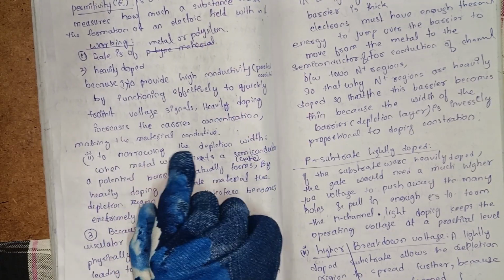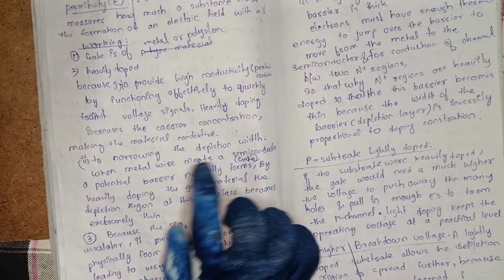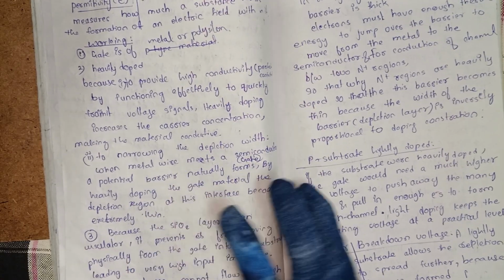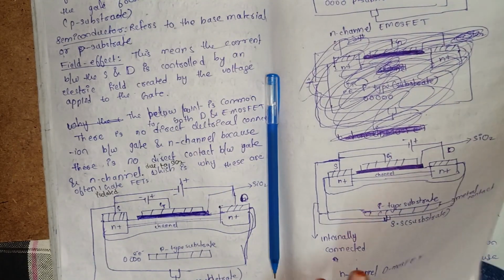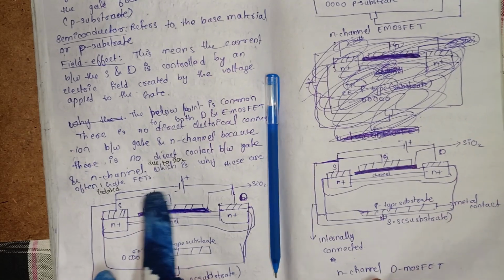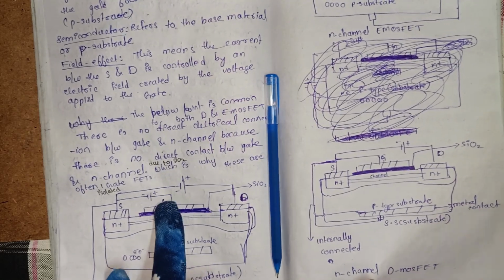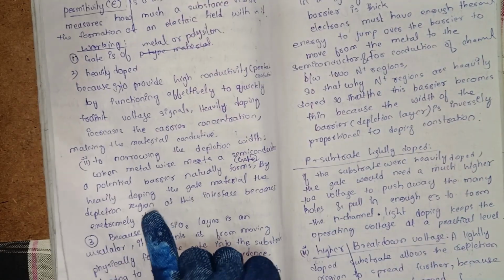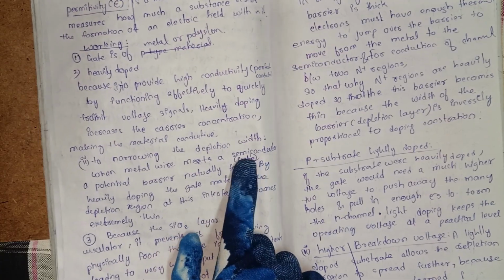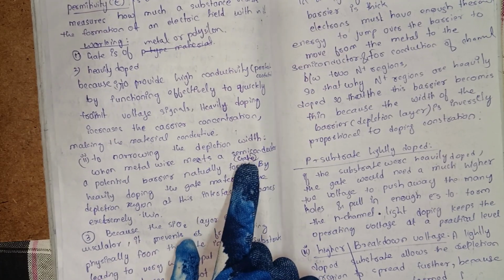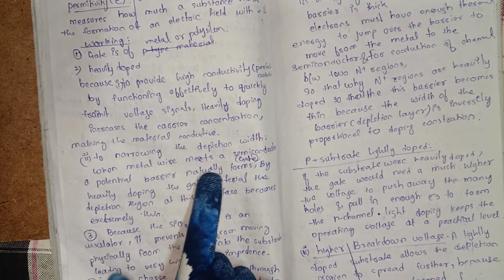The second reason why the gate is heavily doped is narrowing the depletion width. When the metal wire, which is the gate to source metal wire, meets a semiconductor, a potential barrier naturally forms.